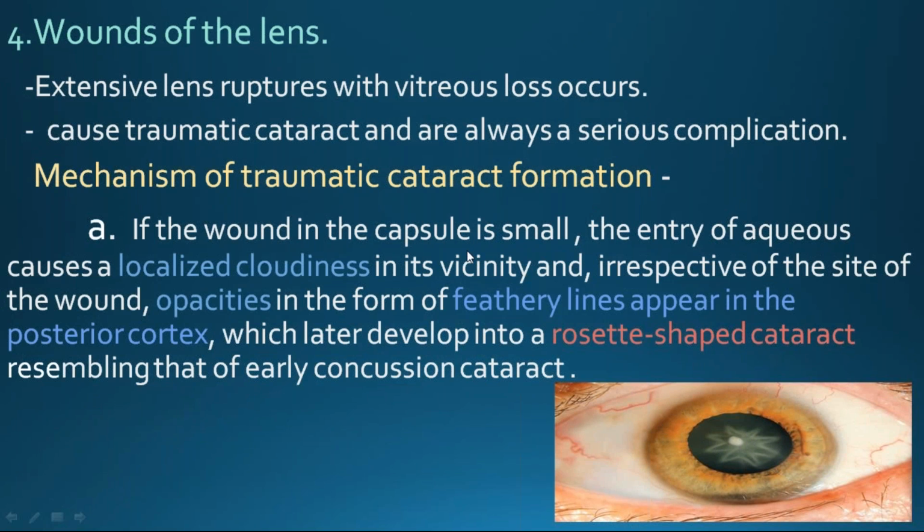If the wound in the capsule is small, it causes seeping of aqueous and localized cloudiness in the vicinity. Opacities appear as feathery lines in the posterior cortex, which later develop into a rosette-shaped cataract.